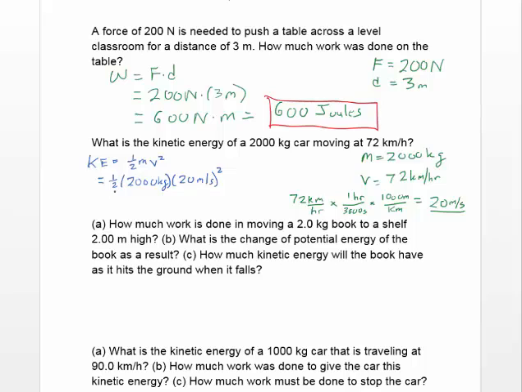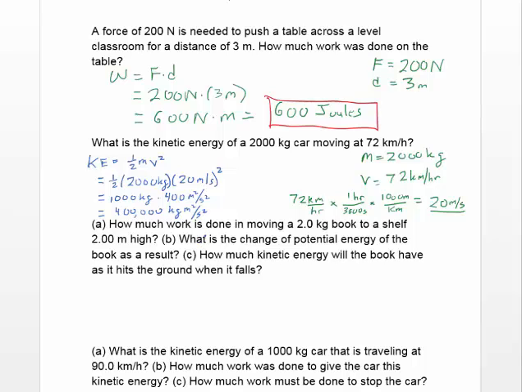Let's go ahead and simplify this. 1/2 of 2,000 is 1,000 kilograms. If we square 20, we get 400. Now our units have to square too, meters squared per second squared. So that is equal to 400,000 kilograms meters squared per second squared.